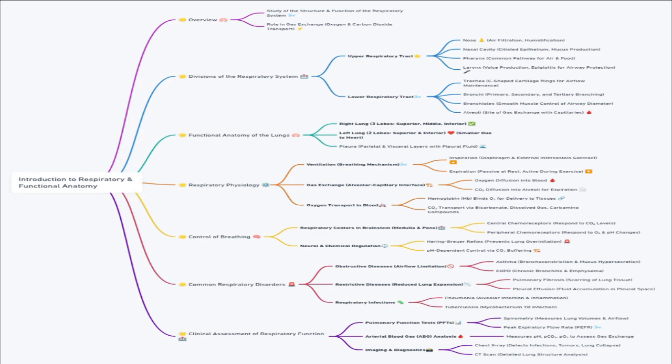Alright, so the first exchange is between the atmosphere and the lungs, and that's ventilation, movement of air in and out of the lungs. And then the exchange between the lungs to blood and blood to lungs has to do with gas exchange.